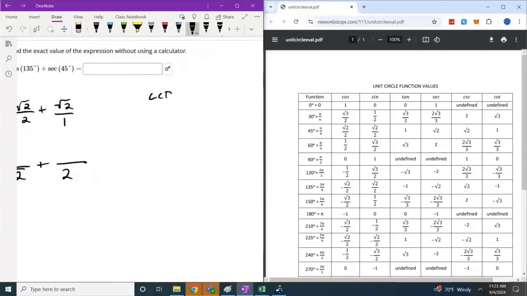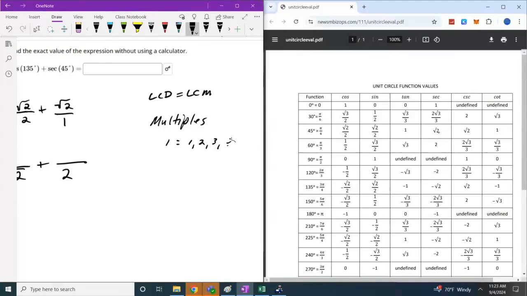The least common denominator is actually the same thing as the least common multiple. So if I were to write out all of the multiples of 1, that would be 1 times 1, which is 1, 1 times 2, which is 2, 1 times 3, which is 3.